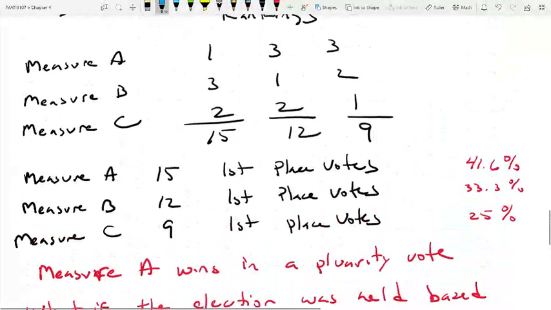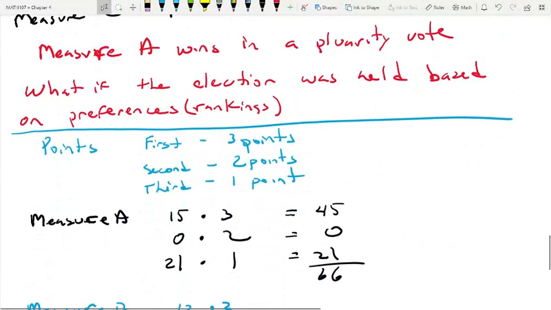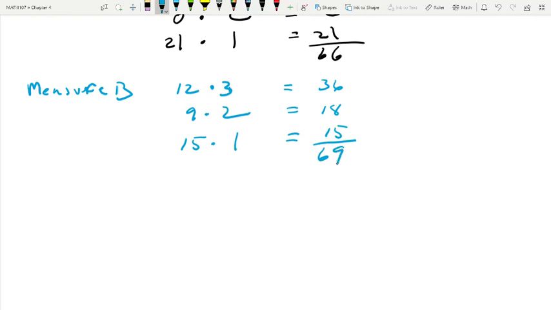And then it had 15 third place votes. So 15 times 1. So this is going to give us 36. This is going to be 18. And this is going to be 15. And that gives us a total of 69.